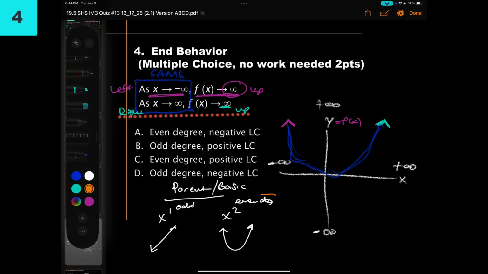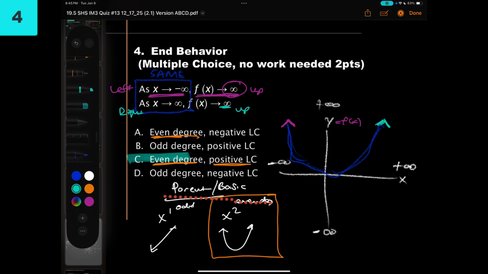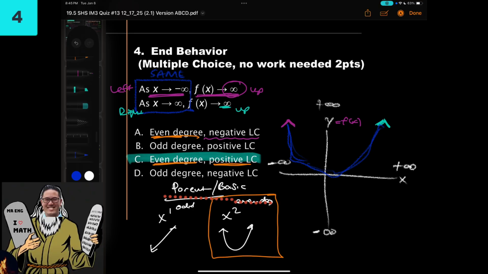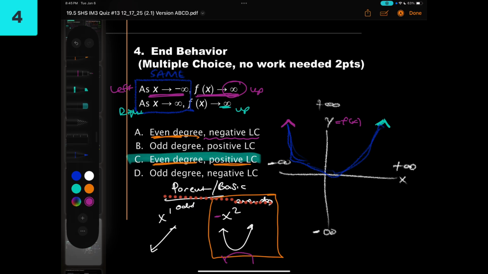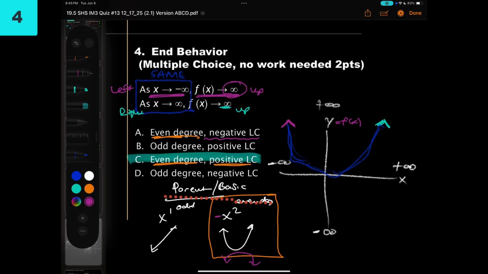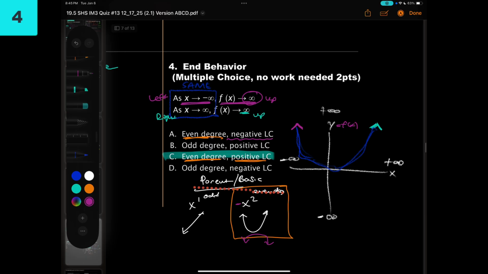Well, we have the arrows together, so we essentially have an even degree, and the arrows are staying up. So that would be a positive leading coefficient. What is a negative one? A negative one would say, you know, negative x squared. That means your graph would go down. Okay, so essentially end behavior is just how it starts, how it ends, where are the arrows.